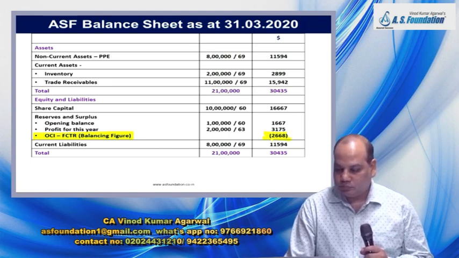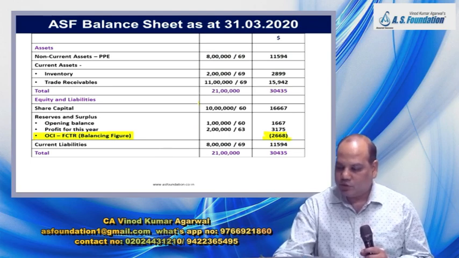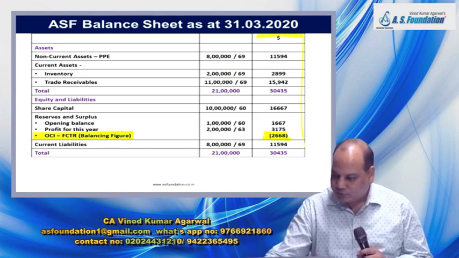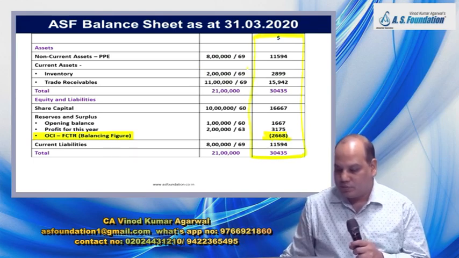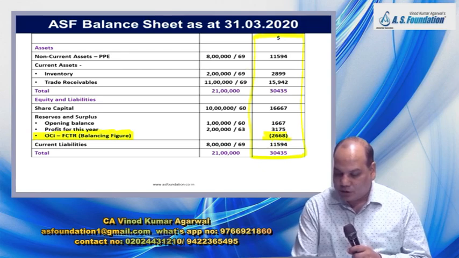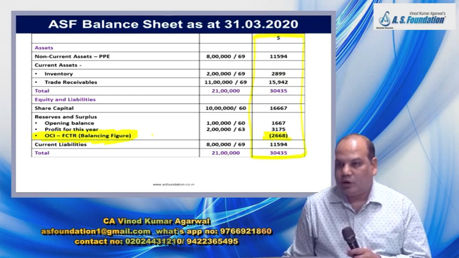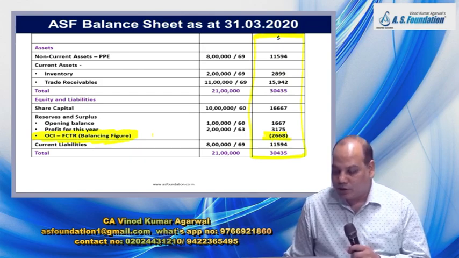Then same exercise you will perform if it was a subsidiary company, and this financial statement will be used for consolidation purpose. And if there is an NCI, then this FCTR will be allocated between NCI and parent company. Okay.